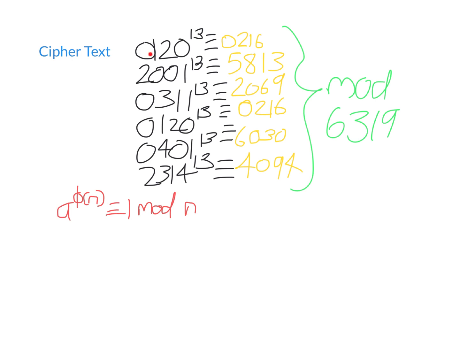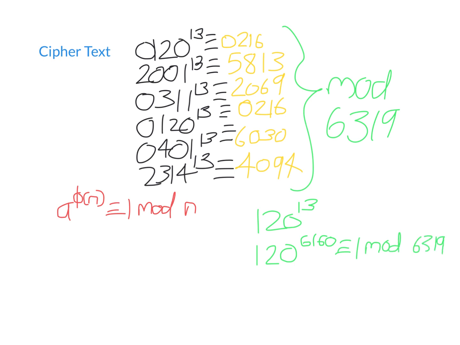So let's say I have 120 to the power of 13, I've got 216. How do I undo raising 120 to the power of 13 modulo 6319? Well, I know that 120 to the power of 6160, remember 6160 was phi n, must be equivalent to 1 mod 6319.